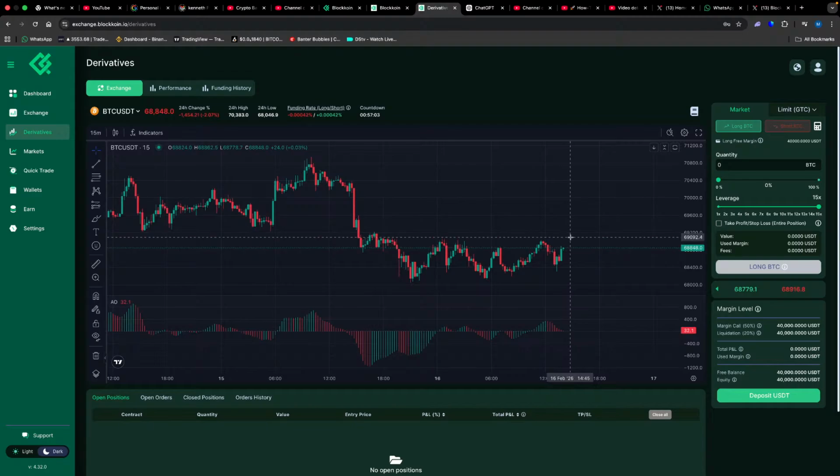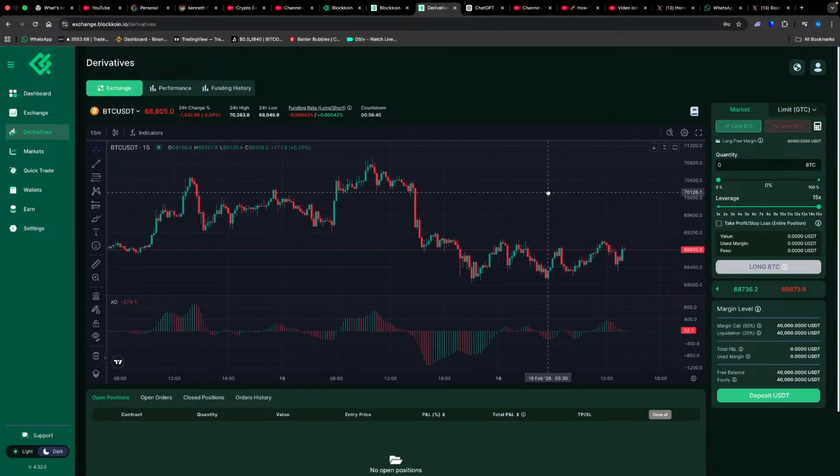Green candles mean obviously bullish, red candles bearish. Green candles basically mean the buyers are pushing the price up, whereas red candles mean the sellers are pushing price down.